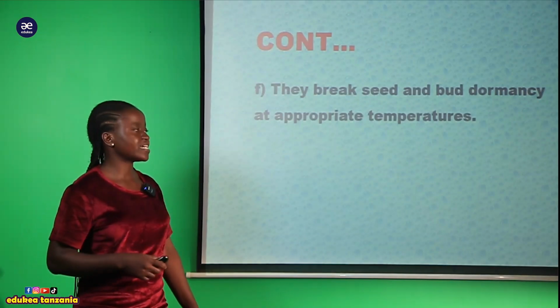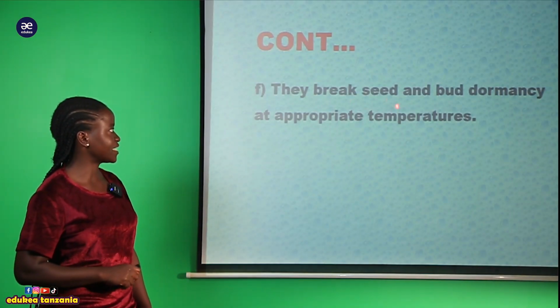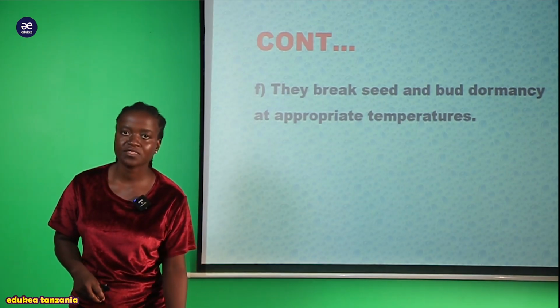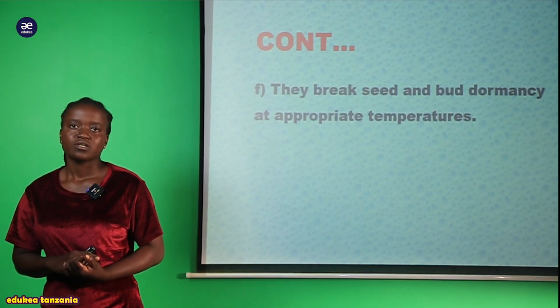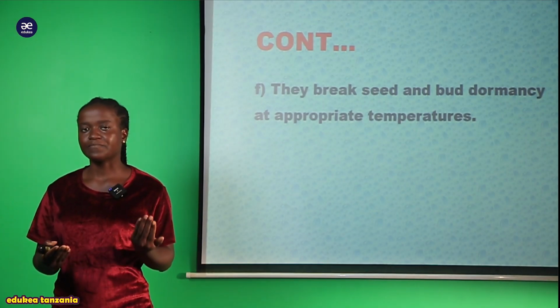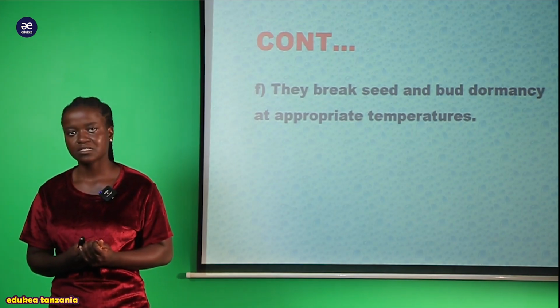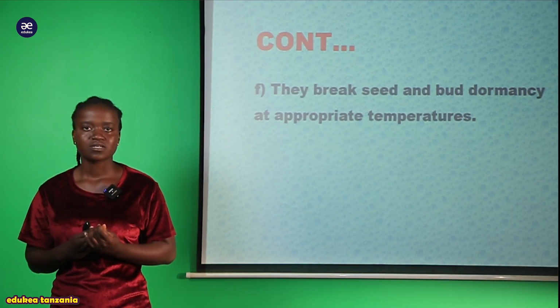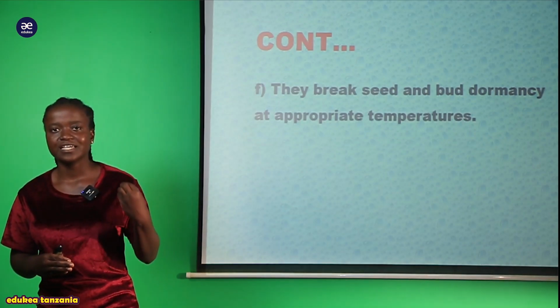Lastly, we can say that the cytokinin hormone breaks seed and bud dormancy at appropriate temperature. So when the temperature is reached, ndipo hapa sasa it breaks down the seed dormancy, the ability of a seed to remain dormant, that we call seed dormancy.